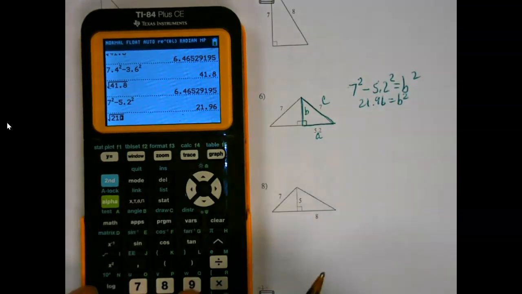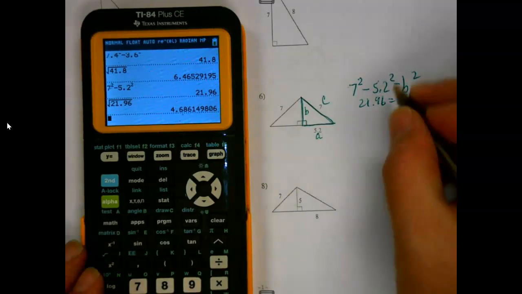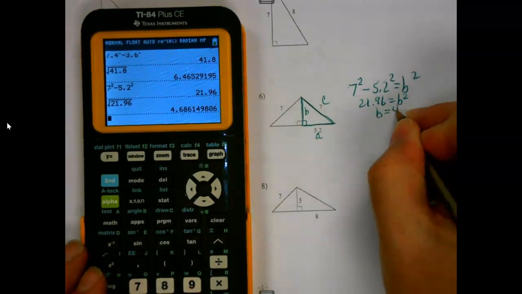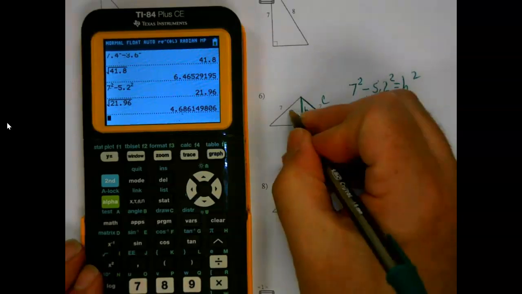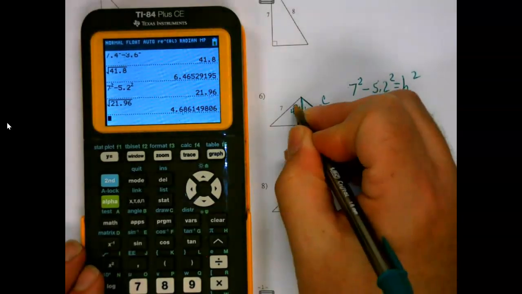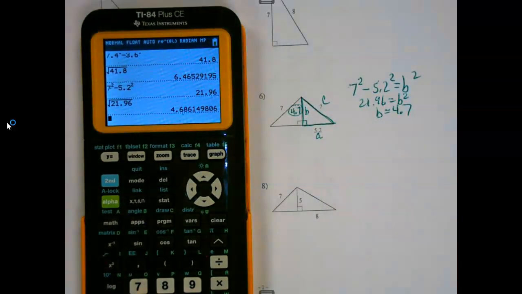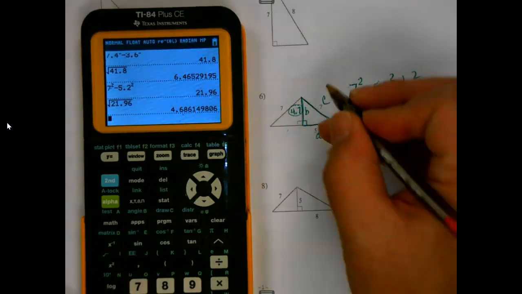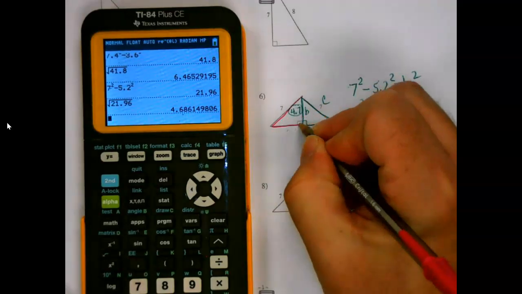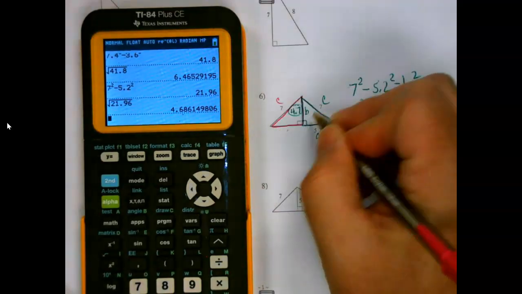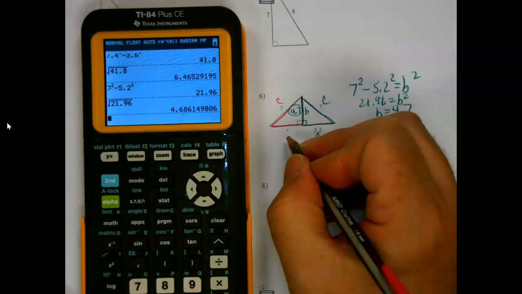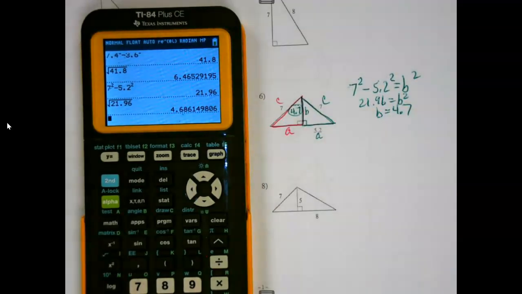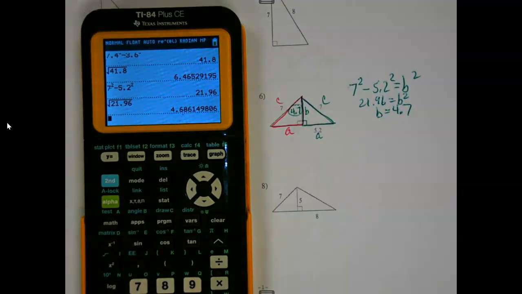Oops. So B is like 4.7. Okay, so there's my first piece. But I still got a piece down here too. So there's my C. Now in my pink triangle, I'm trying to find my other leg, my A value.